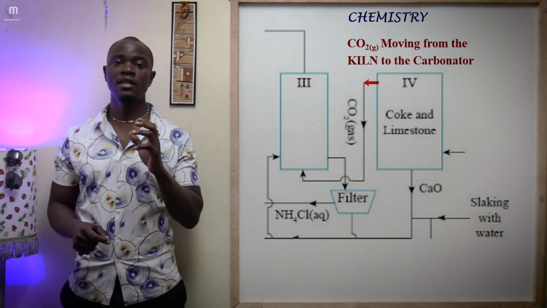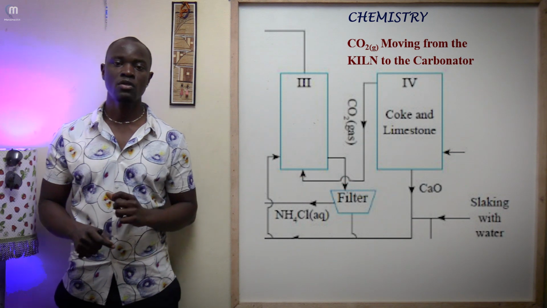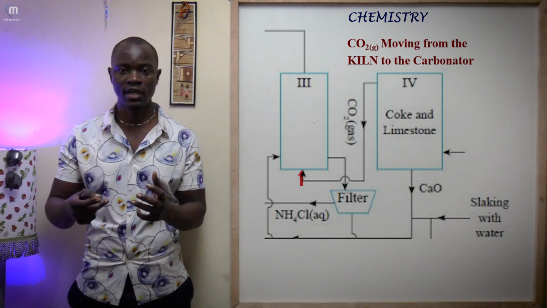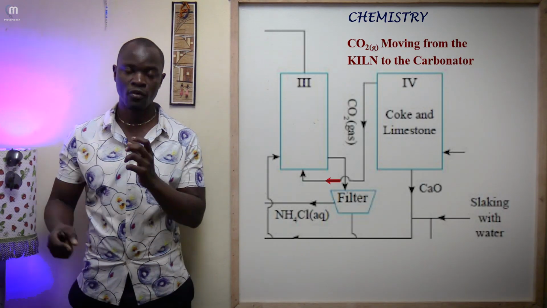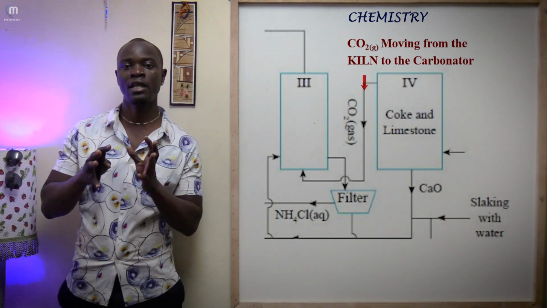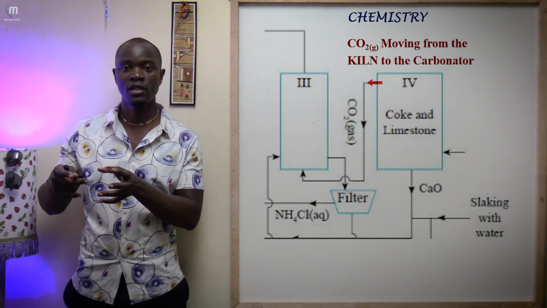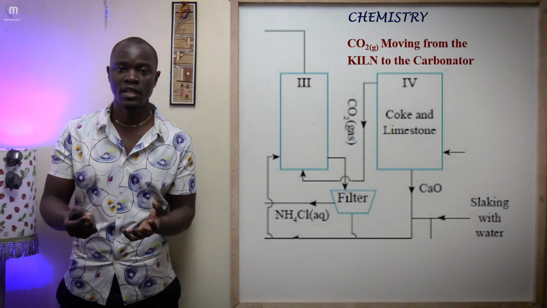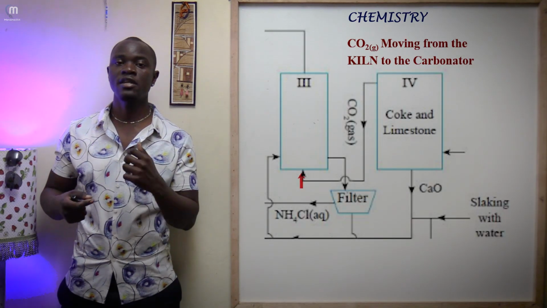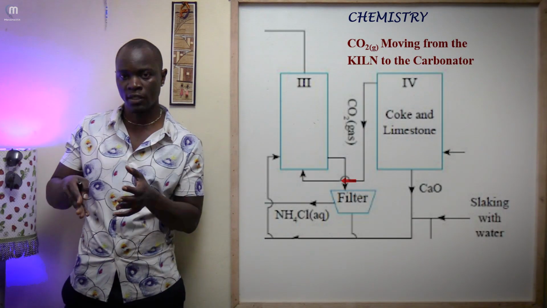But there's another thing that happens in this kiln. Remember, when we heated the limestone, we obtained calcium oxide and carbon dioxide. The carbon dioxide went to the carbonator. The calcium oxide that is formed is then reacted with water in a process called slaking. Slaking is reacting any calcium compound with water.